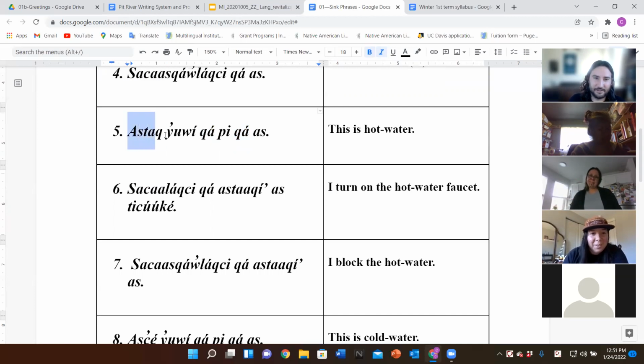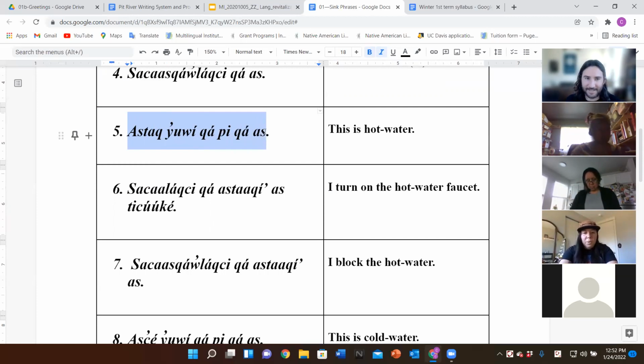So astak yui gabi ga us. Astak yui gabi ga us. Toea. Astak Yui Gabi got us. He and Kenwa astak yui gabi ga us.